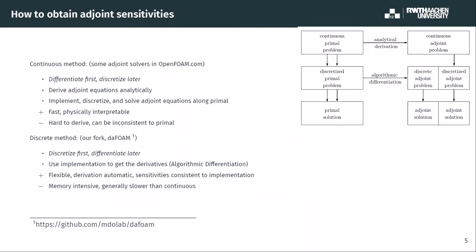The primal feeds in there, but the discretization is different. The advantage is, okay, it's fast. If you have some physical knowledge, it's also physically interpretable to look at the adjoint fields themselves.